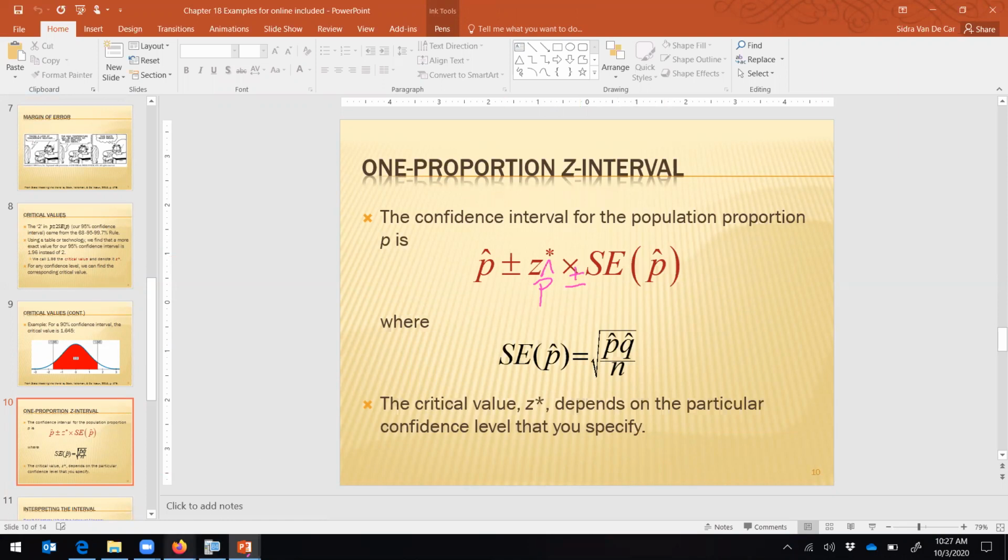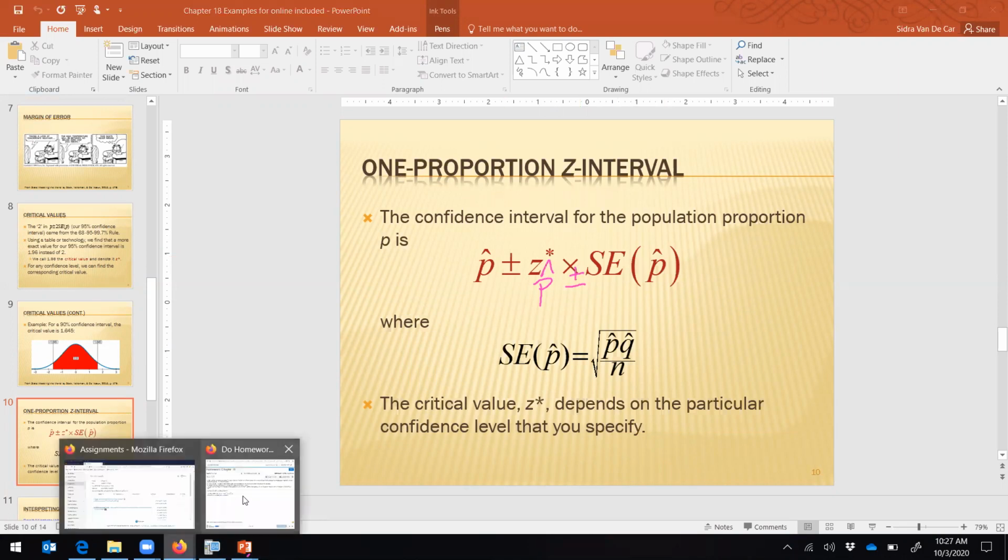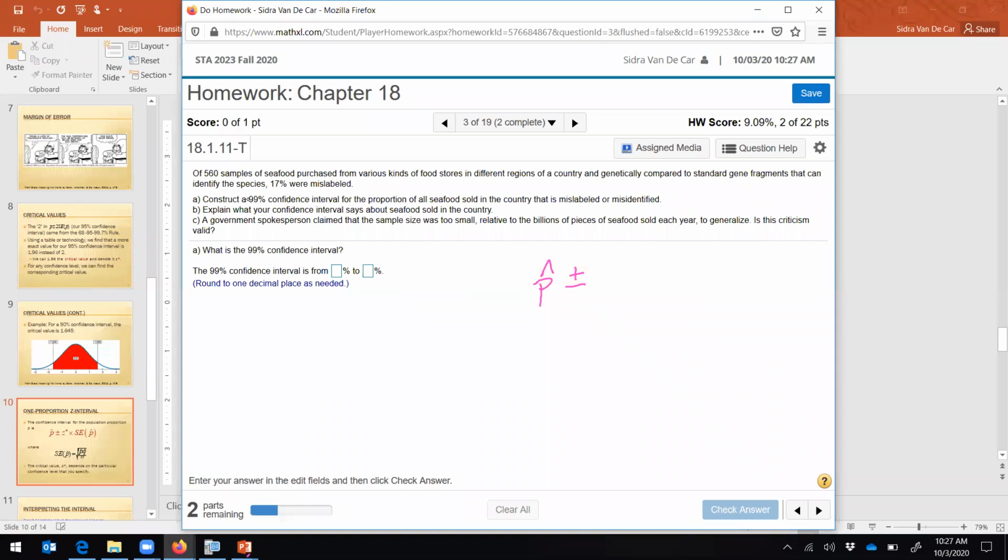So for us, that critical z-value goes with the 99% confidence.